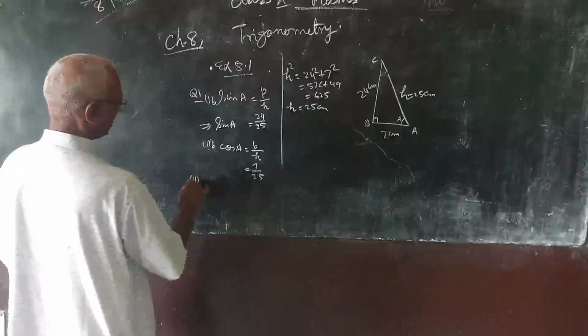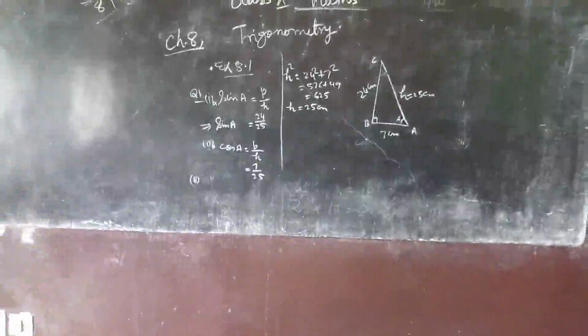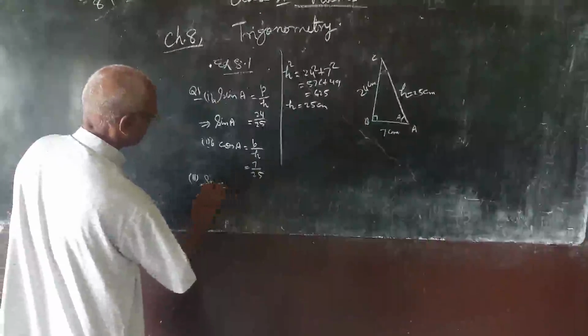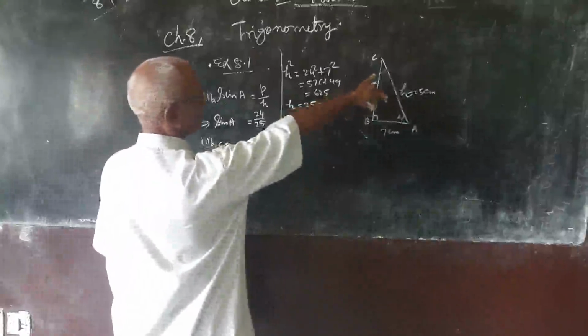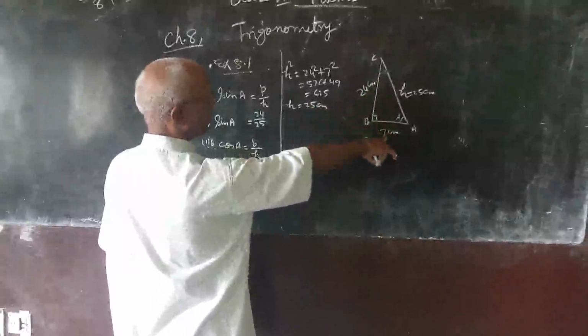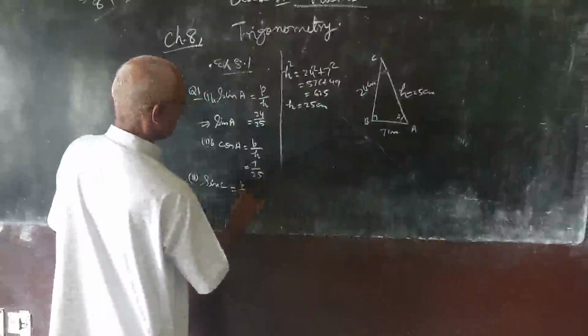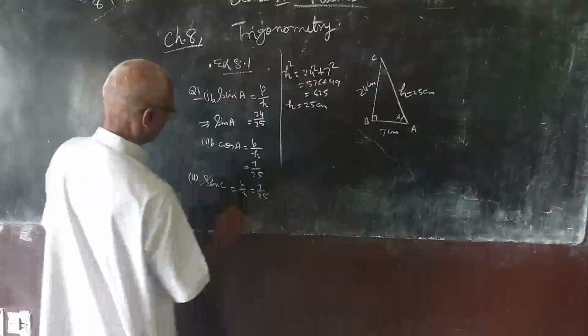In the second part of question 1 there are two things, sin C and cos C. Sin C: perpendicular will be this, so it is P upon H, P is here, 7 upon 25.